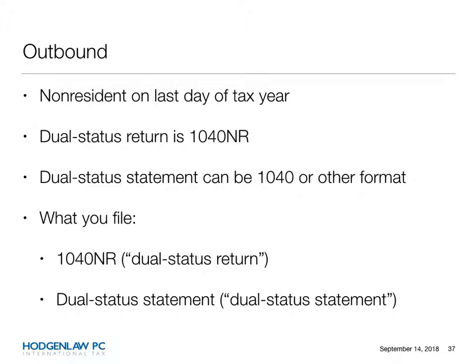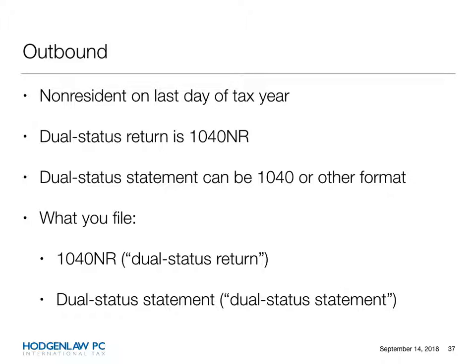If you're a non-resident on the last day, then it's essentially the opposite of the inbound return. You'll file an outbound return, with the return being a Form 1040NR with the words dual status return written on the top of the return, and the dual status statement, which can be a Form 1040, but with the words dual status statement written on the top.